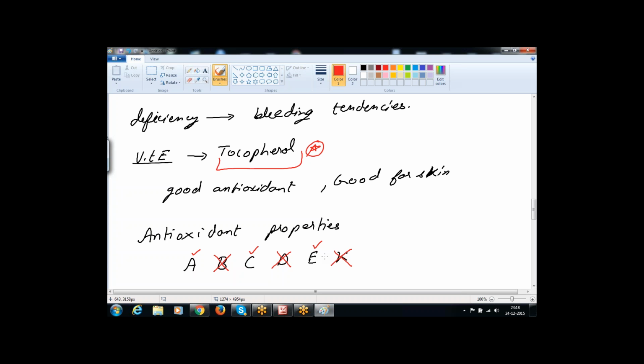This is how you can memorize. So they can ask you which of these have the antioxidant property, which of these don't. You should be able to answer that.